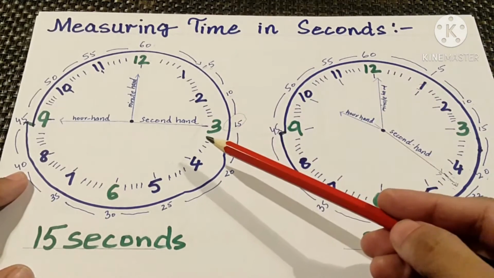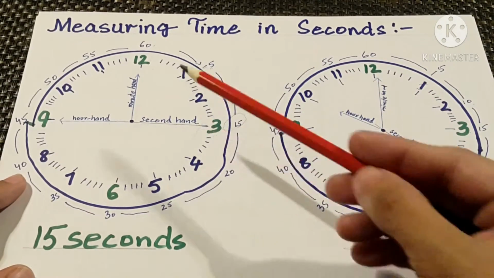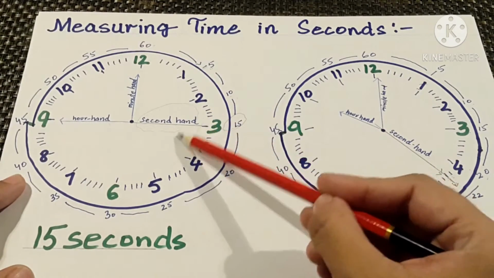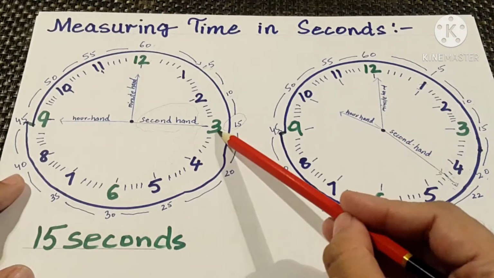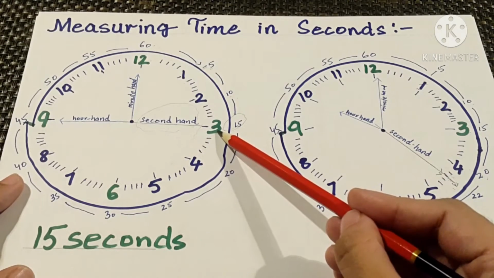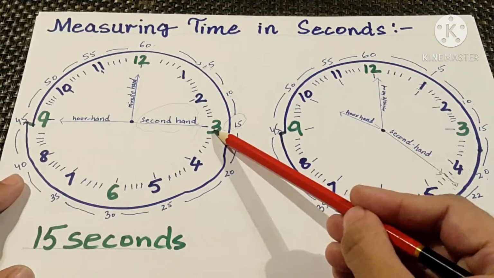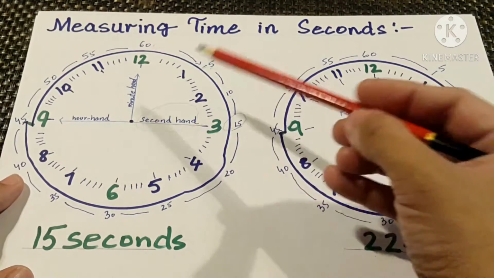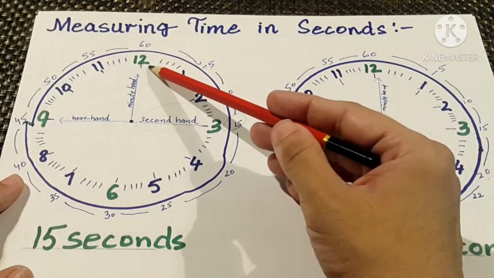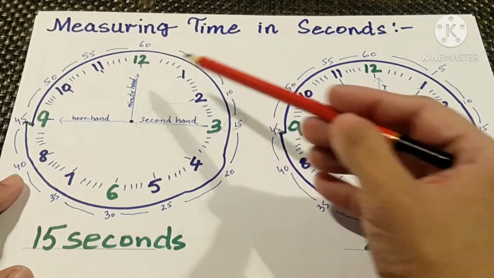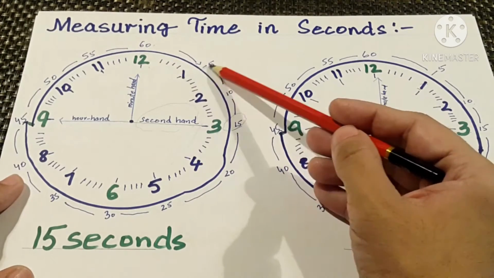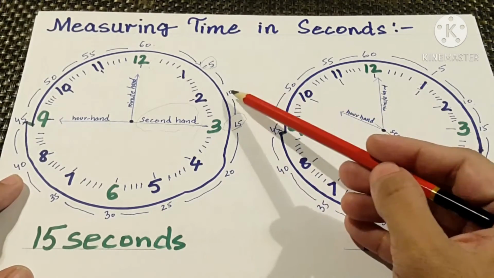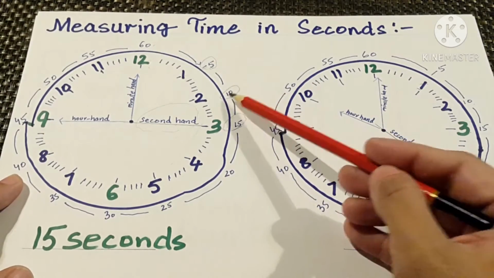Measuring the time in seconds. Now when we are measuring the time in seconds, we will just focus on the second hand. Now here the second hand is pointing towards the digit 3. This means that it is telling us it is 15 seconds because from 12 to 3 each digit represents 5 seconds.